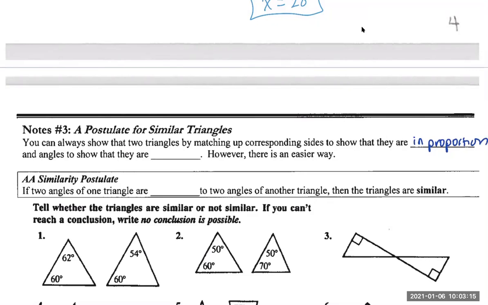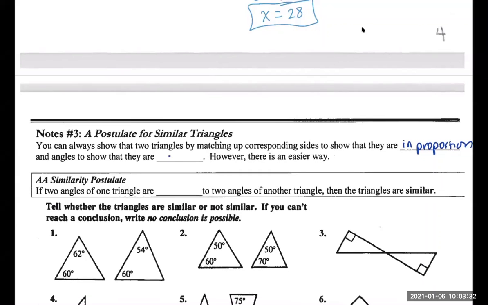I will get back to that. Okay, good. So sides are in proportion. So 2 figures are similar if the angles are congruent and the sides are in proportion. So angles are congruent, angles have the same measurements. Sides are in proportion. So remember that for what it means to be similar.